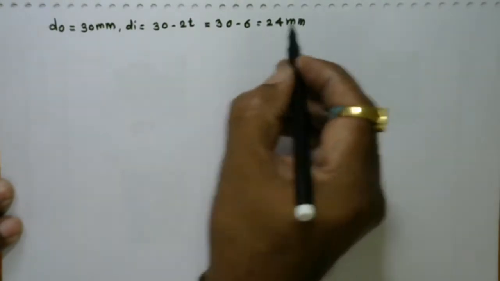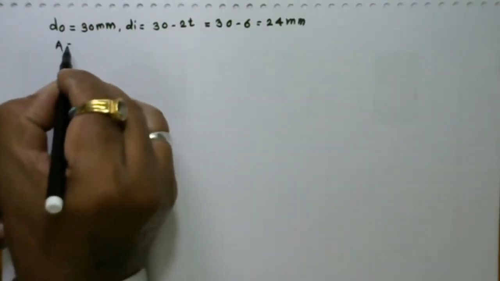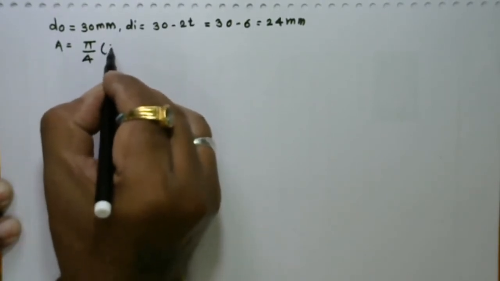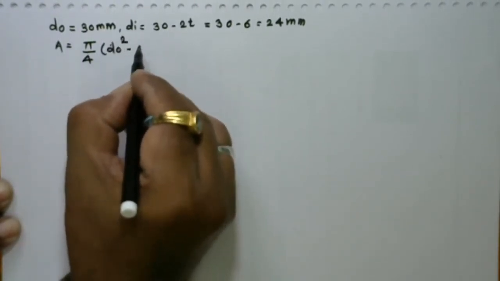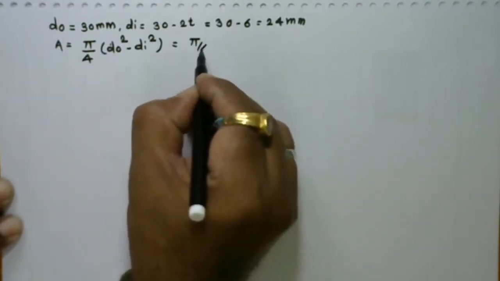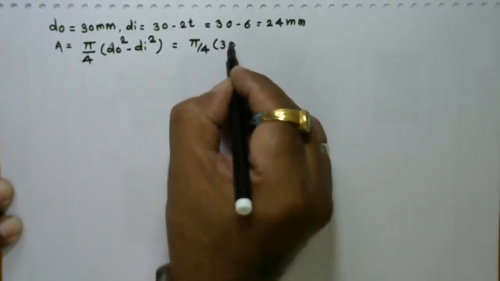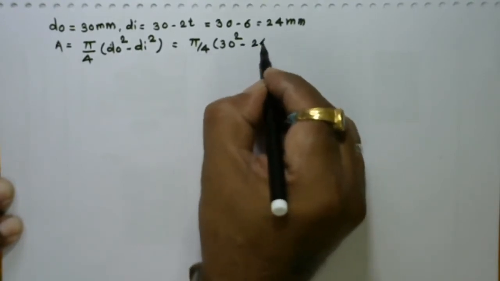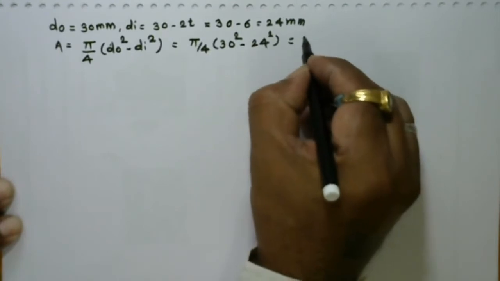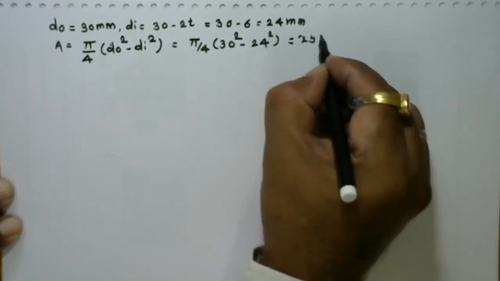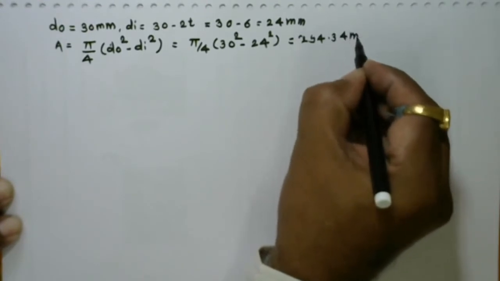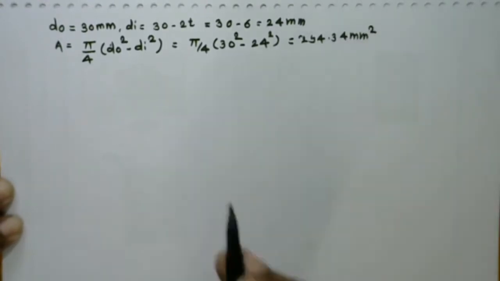Diameters are known, so we may calculate the cross-sectional area. Area is equal to pi by 4 into (Do square minus Di square), so pi by 4 into (30 minus 24) square. Here area is 254.34 mm square.